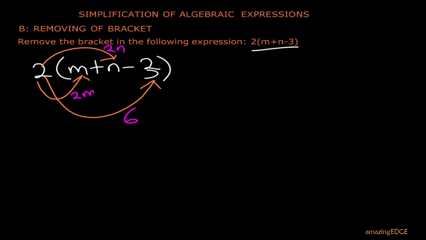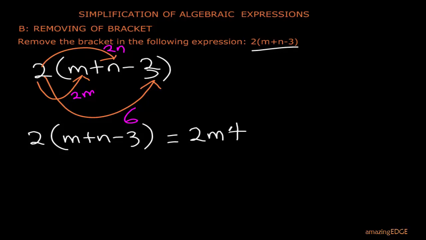What we have, that's 2 multiplying M plus N minus 3 will now give us 2 times M, which will give us 2M, plus 2 times N, which will give us 2N, then 2 times minus 3, which will now give us minus 6. So here, we'll recall that here will be minus 6.